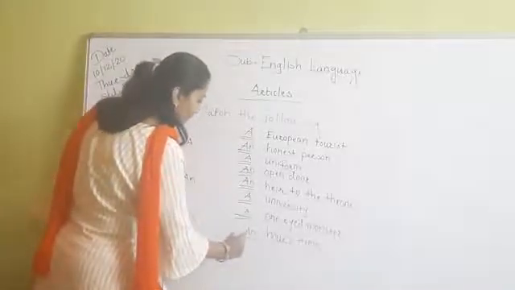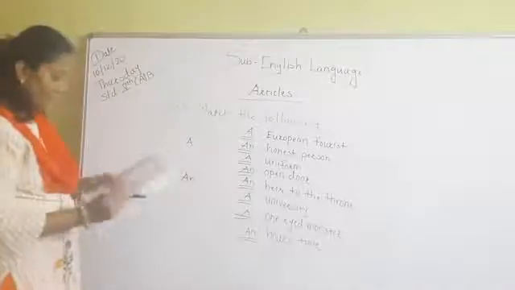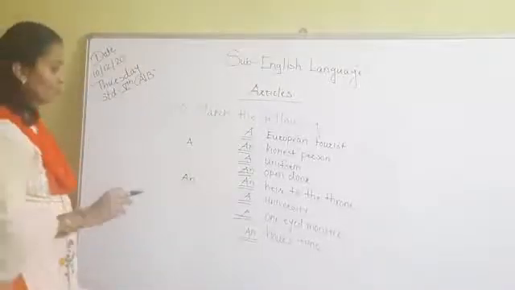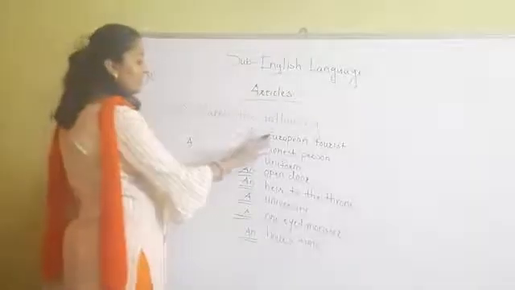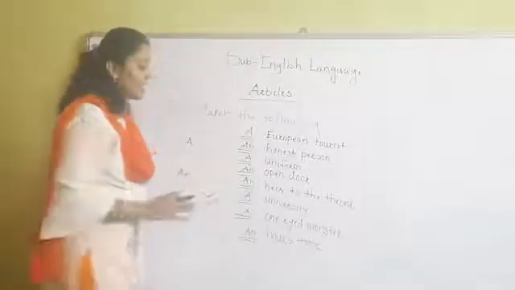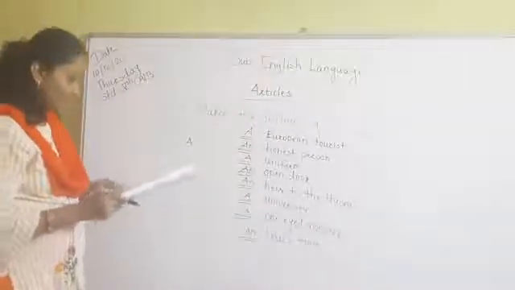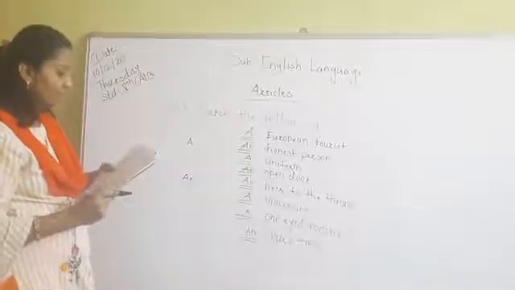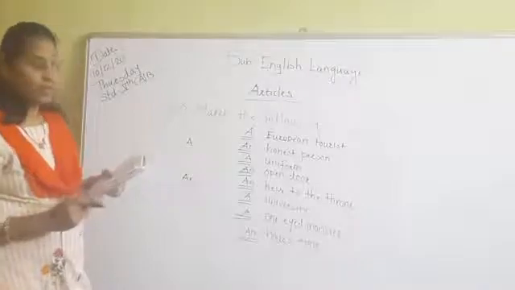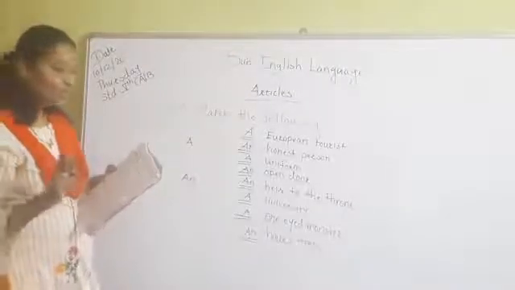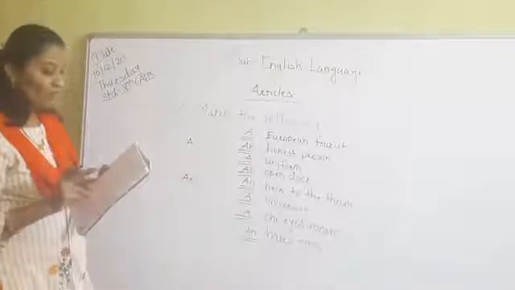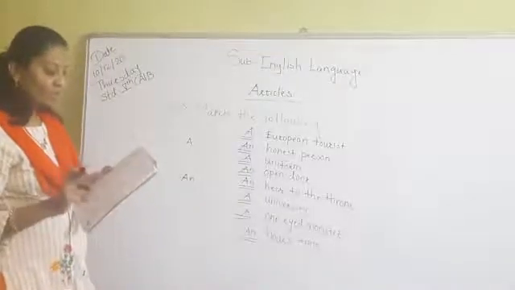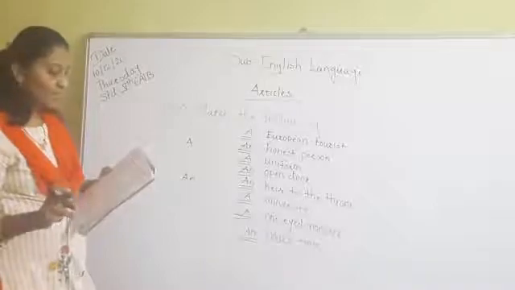Okay, so like this you have to match the pairs, or you can just write a or an before that word. Okay, now question number D. Since a and an mean one, replace one, each and every with a or an in these sentences.